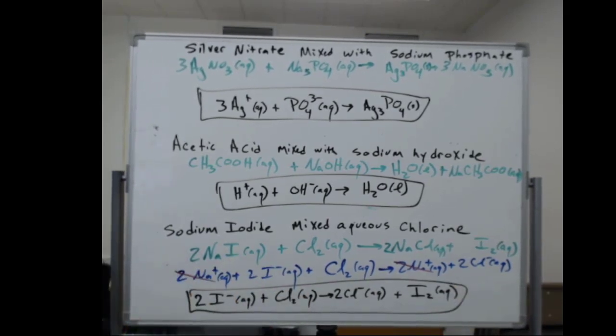That is our net ionic equation for that last reaction. Sodium isn't doing anything interesting besides balancing the charges. And what matters here is we've got a difference in electronegativity. This is a redox reaction.